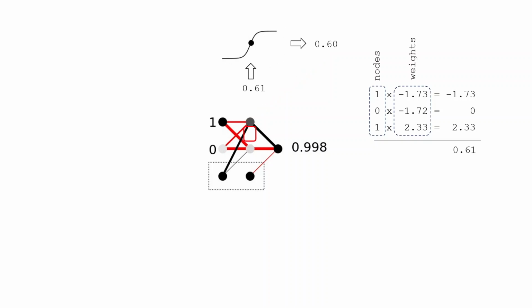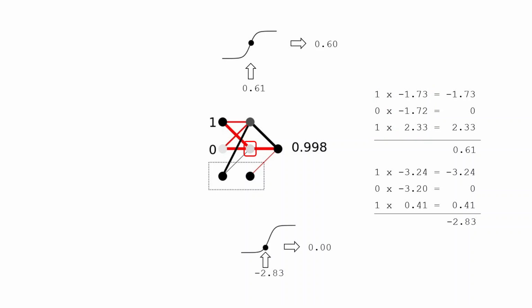Let's do the same for the bottom one of the hidden layer, with the same kind of multiplication but with slightly different weights, and we will see that the eventual output is minus 2.83. We again input that in our activation function, and the output then becomes 0. So now the bottom node of the hidden layer is 0.